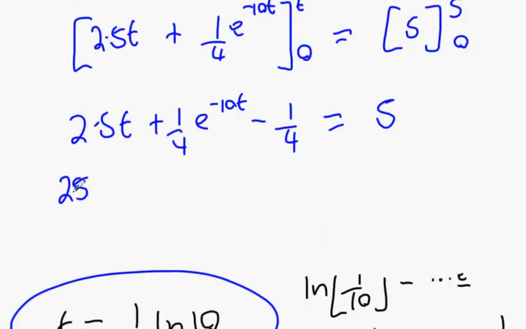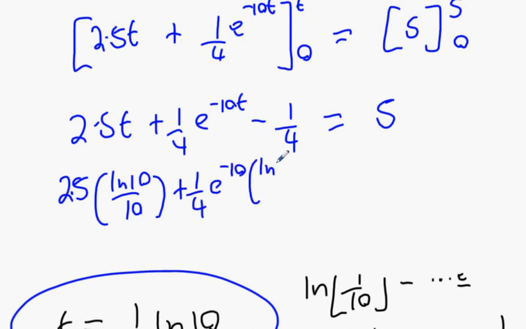So 2.5 ln 10 over 10 minus a quarter. Somebody want to get that on the calculator for me? 2.5 ln 10 over 10 minus a quarter equals s. This is s. I'm just going to colour it in here. That's s. Okay.